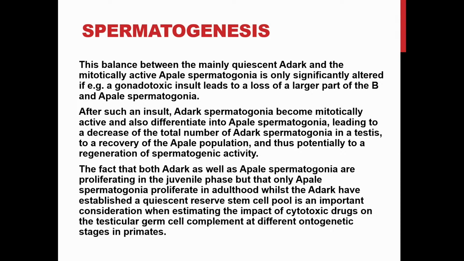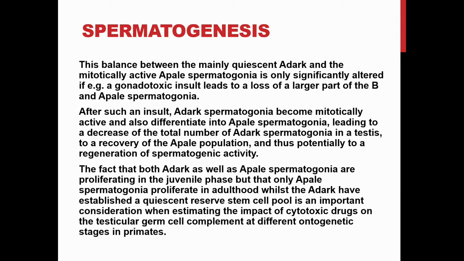So this balance between the mainly quiescent A dark and the mitotically active A pale spermatogonia is only significantly altered if, for example, a gonadotoxic insult leads to the loss of a larger part of the B and A pale spermatogonia. These B and A pale spermatogonia replicate at a quick rate, and that's why they are affected.